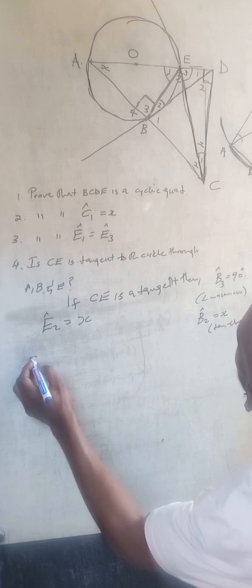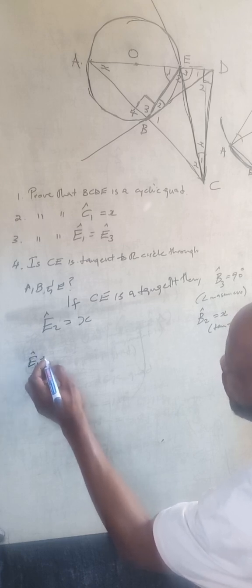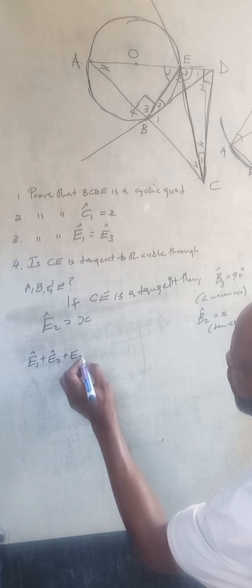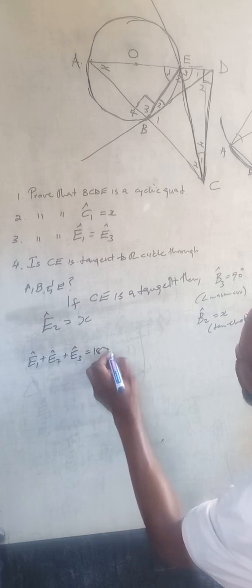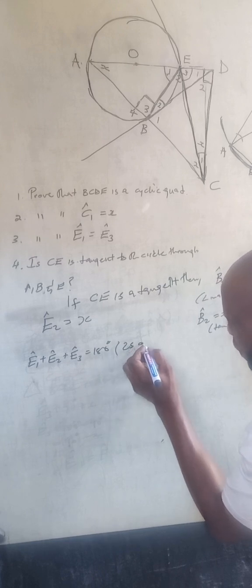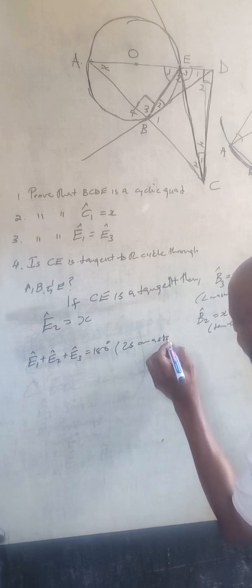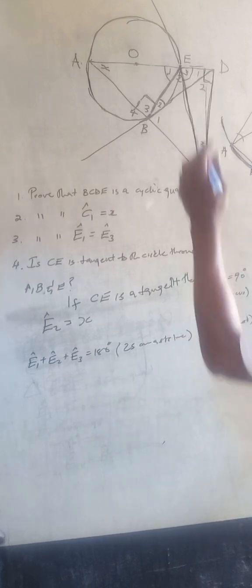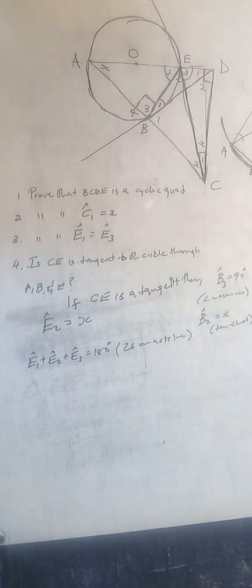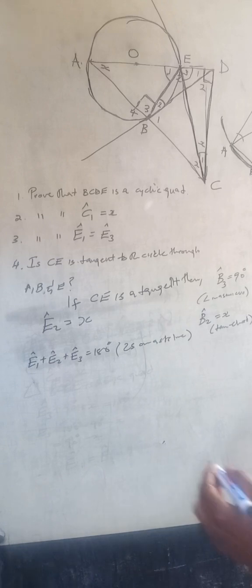We know that E1 plus E2 plus E3 should give us 180 degrees. The reason: angles on a straight line add up to 180 degrees. And we know that these two are equal, and they are equal to 90 minus x.